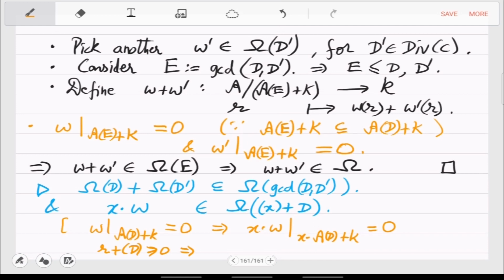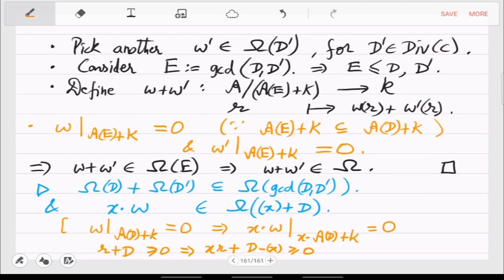This implies that x r plus D minus x is greater than or equal to 0, isn't it?